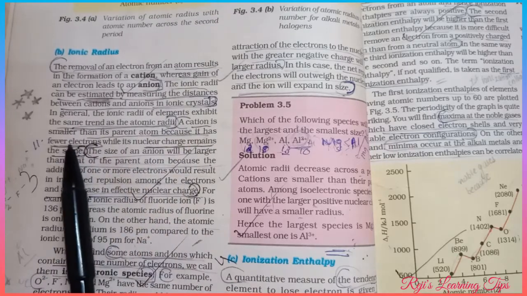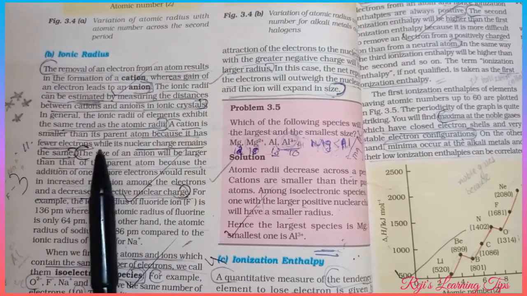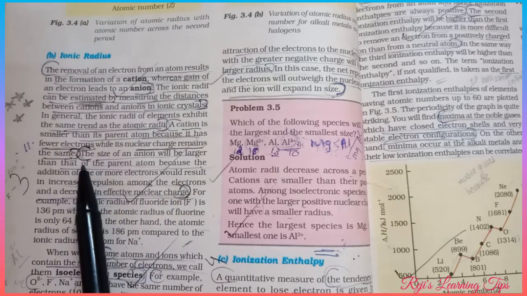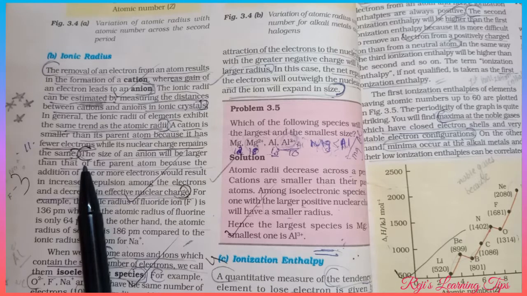A cation is smaller than its parent atom because it has fewer electrons while its nuclear charge remains the same. In the case of sodium, Na contains 11 electrons. Na plus contains only 10 electrons. So Na plus has fewer electrons while its nuclear charge remains the same, that is 11 positive charges, but it has 10 negative charges.